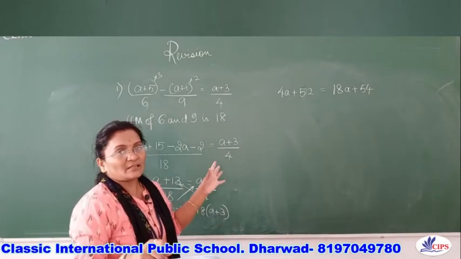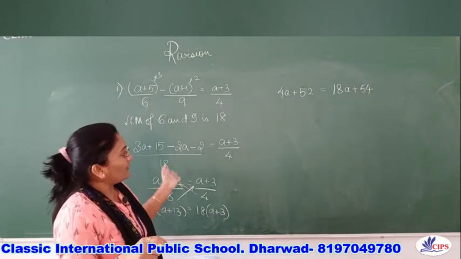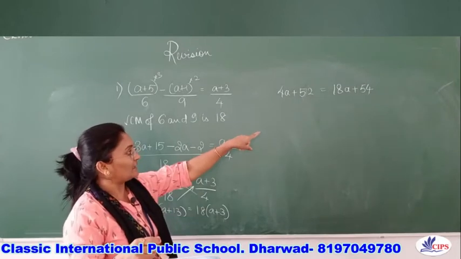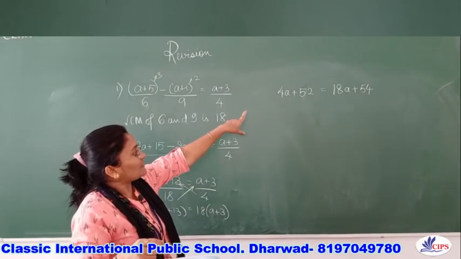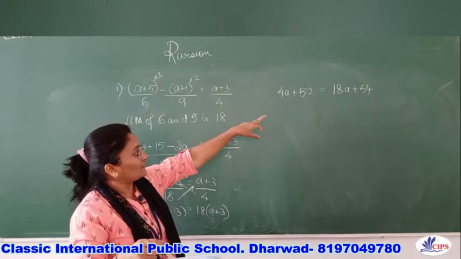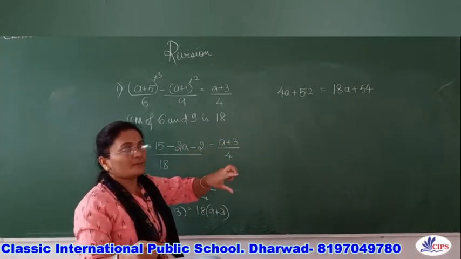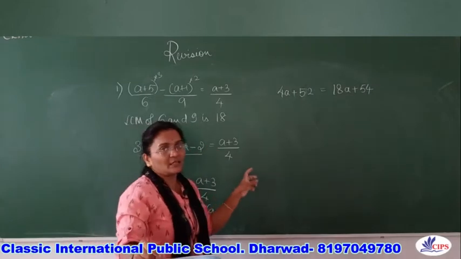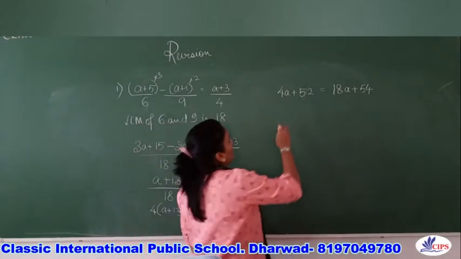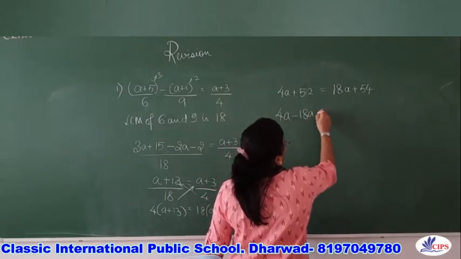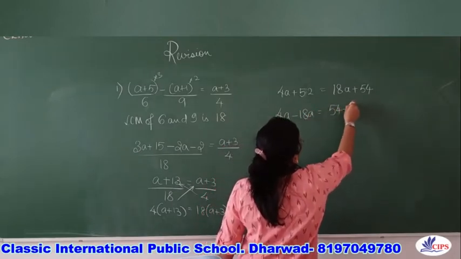Why have I taken such types of sums? In these sums you will have all the types of sums, including simple linear equations. We have the expression 4a plus 52 equals 18a plus 54. Now I'll shift the variables to one side and constants to the other side. So we have 4a minus 18a equals 54 minus 52.